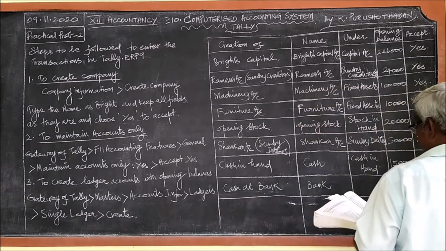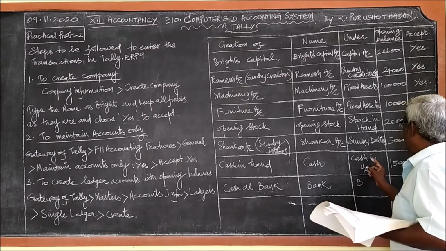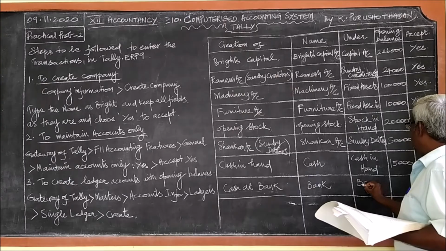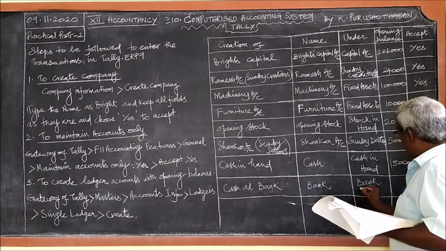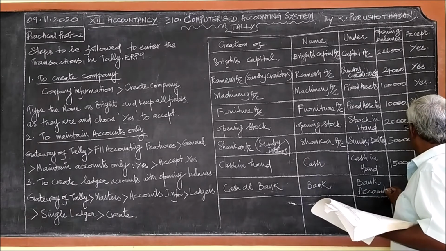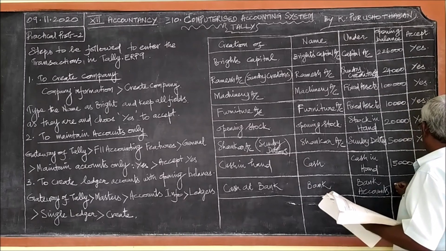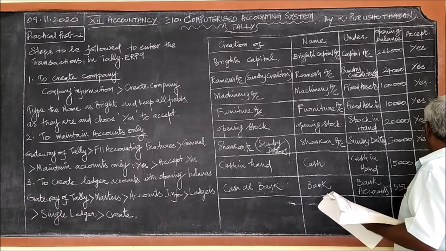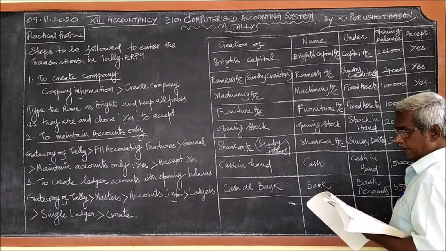And this is cash at the bank, or you can write bank accounts. The amount given here in the balance sheet is 55,000. The process is over, therefore accept yes.